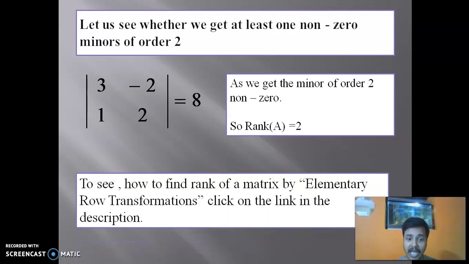Now to see how to find the rank of a matrix by elementary row transformations, click on the link given in the description, where you can find a video in which we have used elementary row transformation to find the rank of the given matrices. Okay, so I hope this video lecture is making sense.